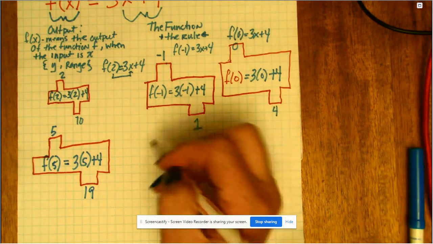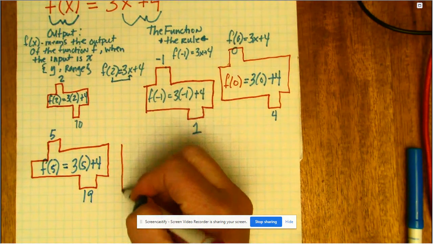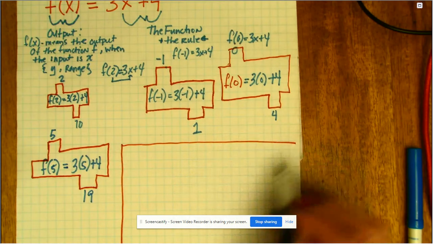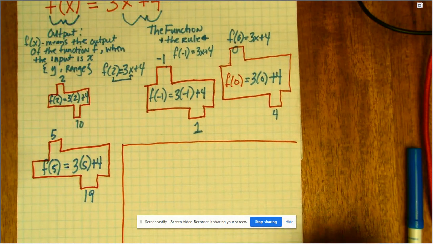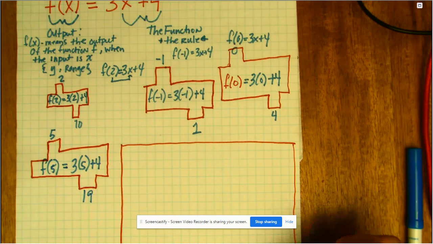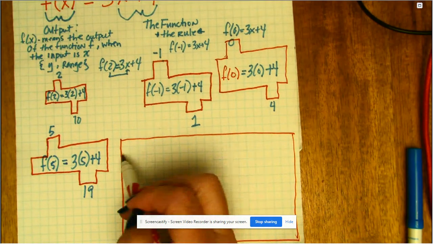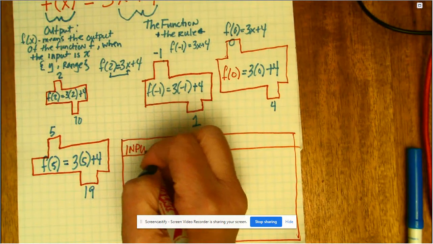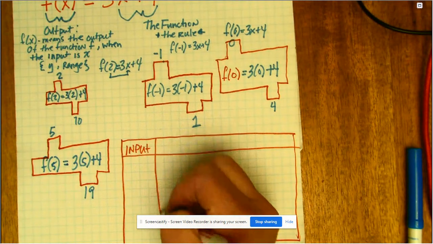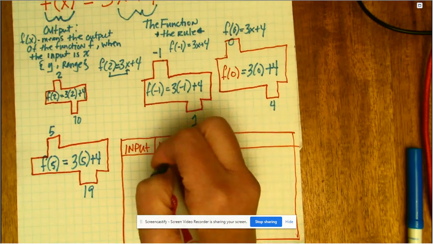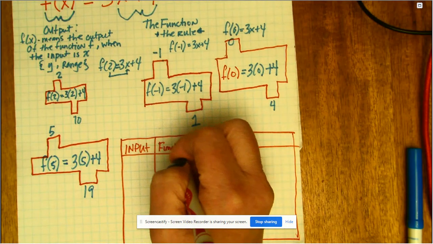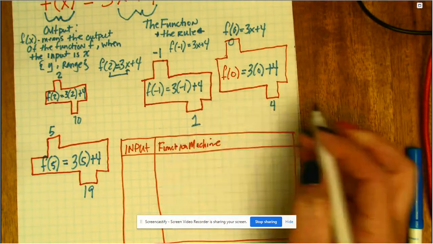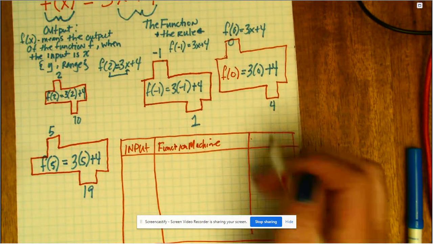Now we can also organize this information, and sometimes this is just the way they give us, in a function table. So it's just recording what the machine does. So our input, our function machine, and our output.